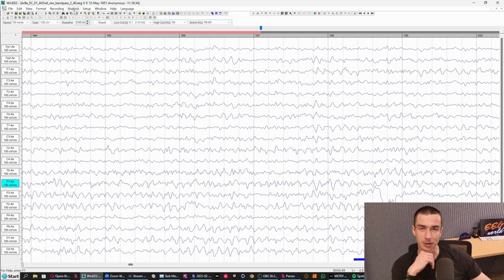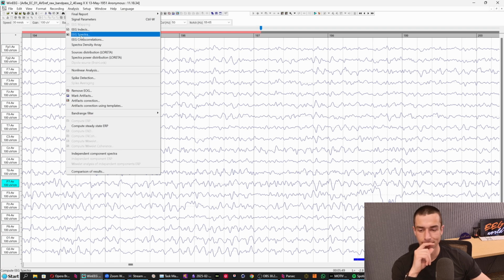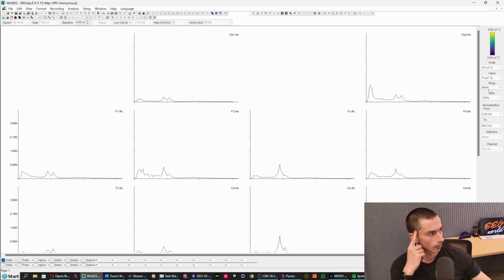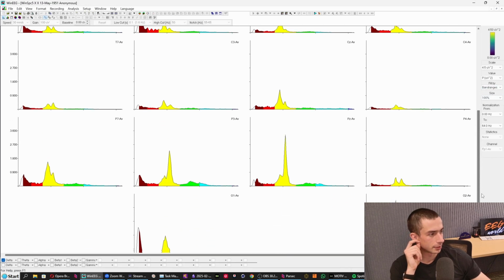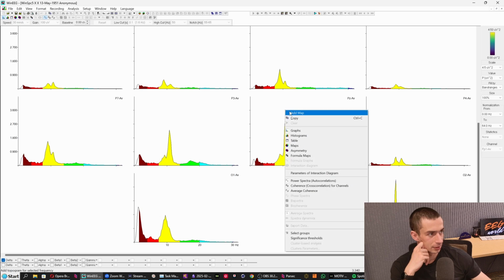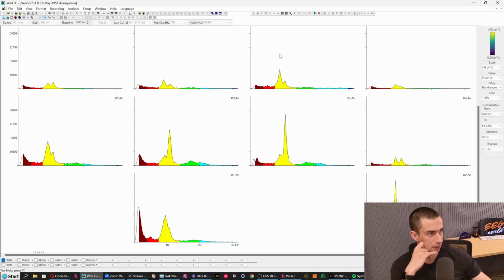Let's look at the spectra, shall we? All right, what do we got? We have a primary alpha peak that is on the faster side, which is associated with intelligence and quick processing.